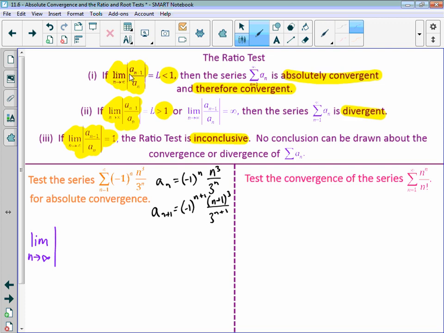Okay, so I'm doing a sub n plus 1 on top, and then a sub n on bottom. So instead of dividing by a sub n, what could we do instead? We could multiply by the reciprocal of it, right? So let's do that instead of trying to stack all of this stuff. So a sub n plus 1 goes first. I'm going to put the -1 piece in the numerator.